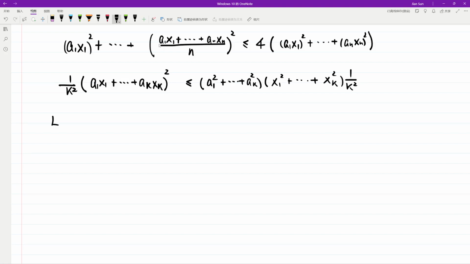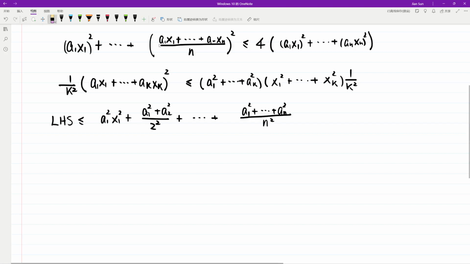And then we immediately notice that the left-hand side is bounded by a1 squared x1 squared plus a1 squared plus a2 squared divided by 2 squared, and so on up to a1 squared plus up to an squared divided by n squared. That's the x1 squared coefficient.